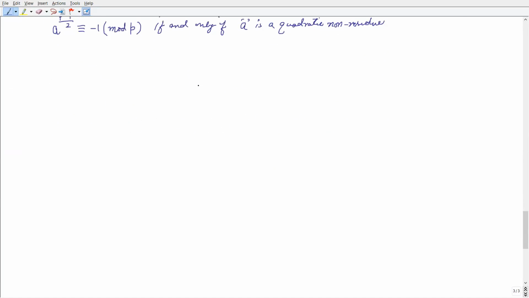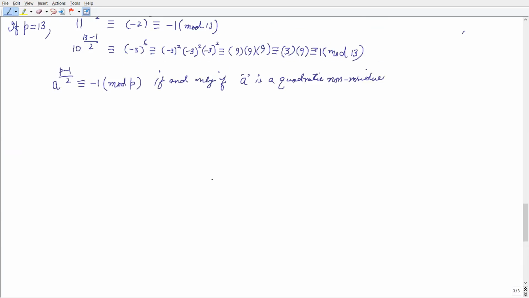Let me introduce a new thing in this lecture, and that thing is the Legendre symbol.